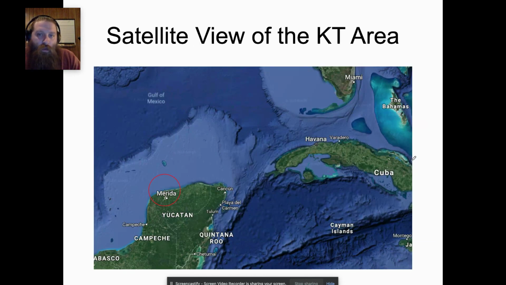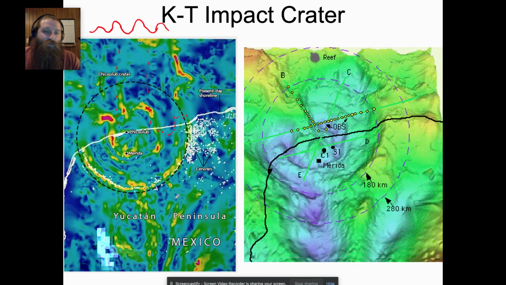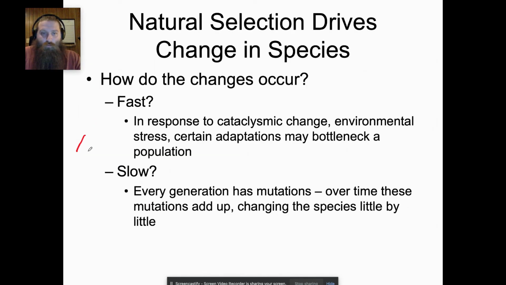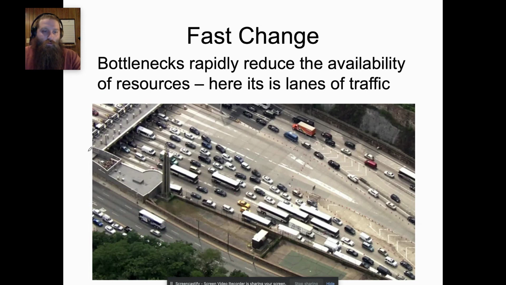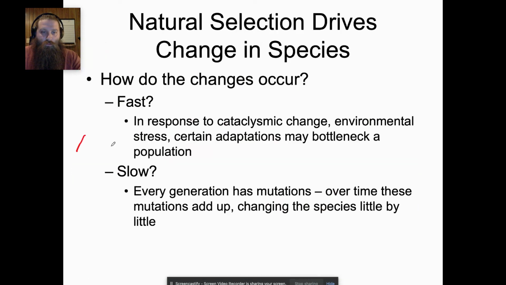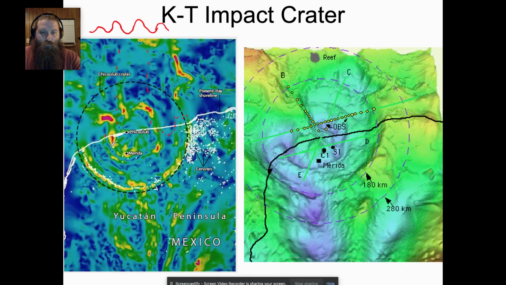So when you look at the KT area now, it doesn't really look like, oh, there's a big crater there. But when you start to examine those gravity highs and lows, and you look at that ring system, you can see what happened there. Let's go back. There we go.